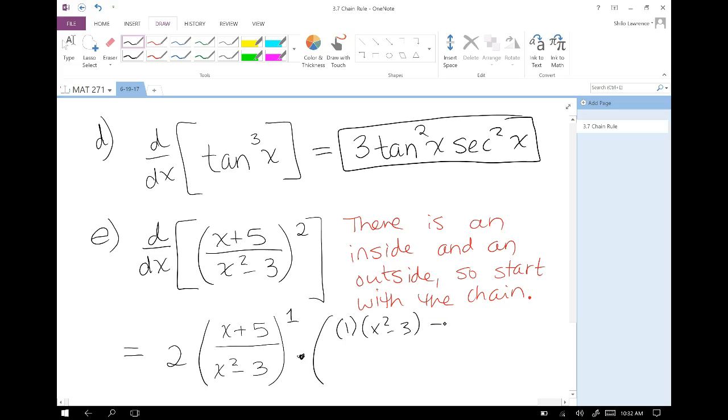And then flip-flop. First one had derivative of top, original bottom, so now flip-flop. Original top, derivative of bottom, all over x squared minus 3 squared. Bottom squared.